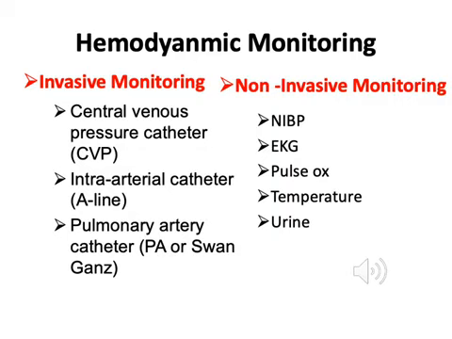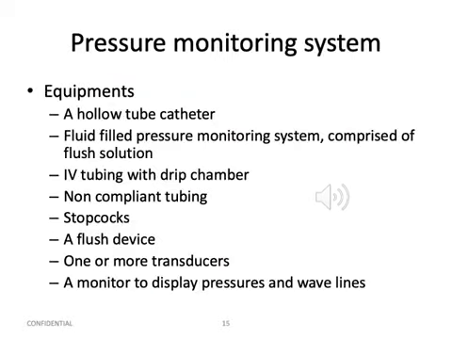To be able to measure the hemodynamic pressure we need some basic equipment that is necessary: non-compliant pressure tubing, a transducer, an amplifier, and a means of recording or displaying the information we need to collect.